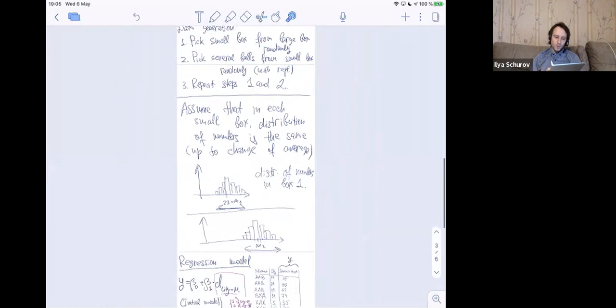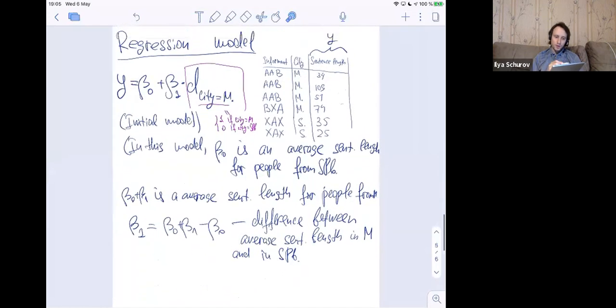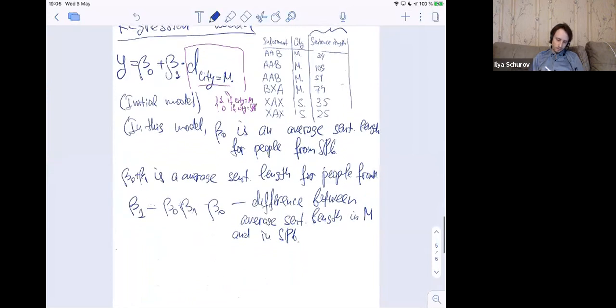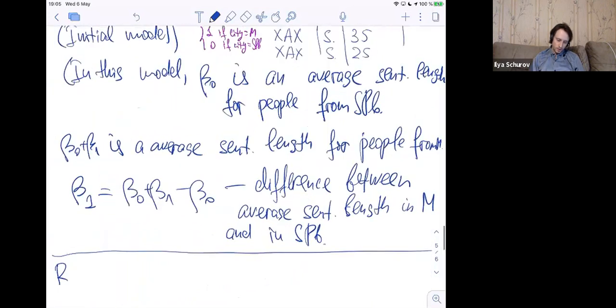To do so, we have to add a so-called random effect into our model. Actually this can be called a mixed effect model.